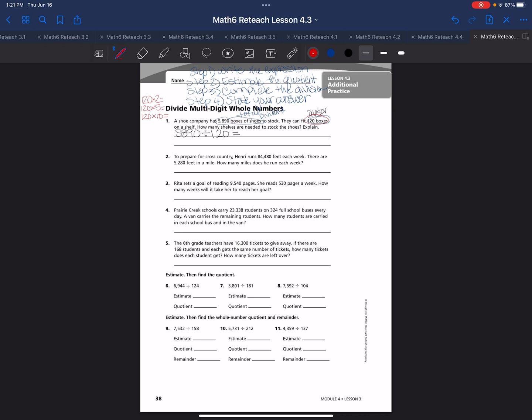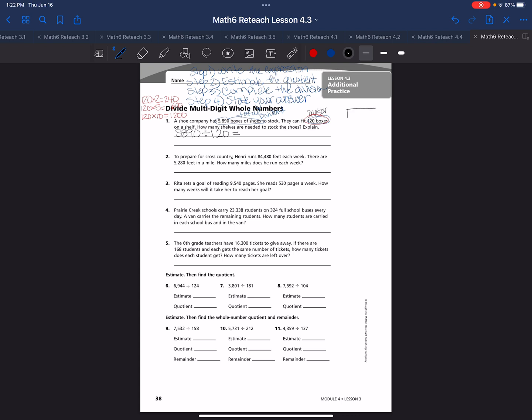So 120 times 2, if I double that, that's 240. And if I do 120 times 10, I know that's 1,200. And then if I just take half of that, that would be 120 times 5. So half of 1,200 would be 600. That just gives me a good starting point when I start doing my division.